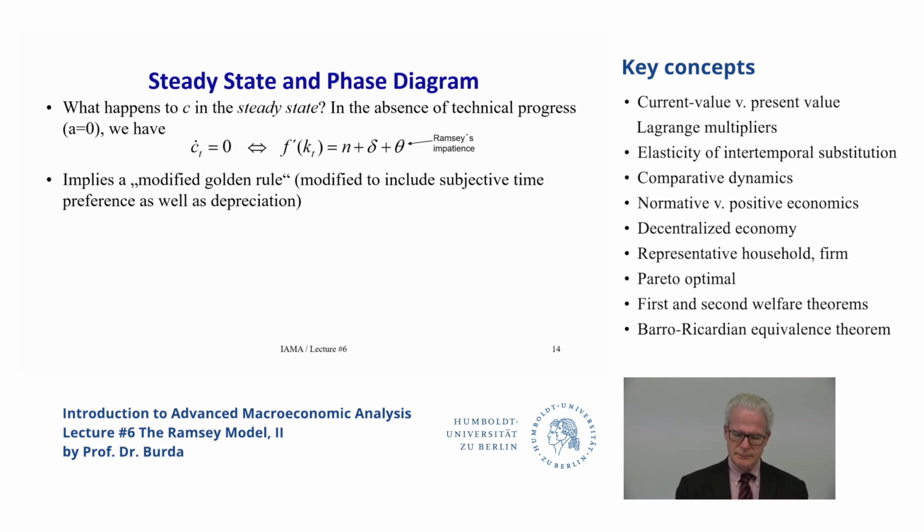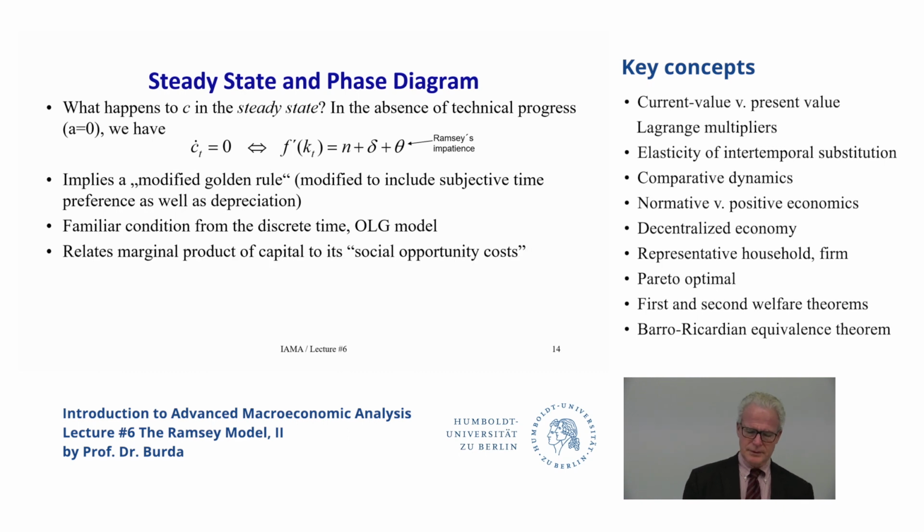But independently of that discussion, you can see that this is different from the Phelps golden rule discussion, because Phelps didn't have a discount factor. He was just maximizing consumption per capita, and that would be like setting Ramsey's impatience equal to 0 in a world where there's no technical progress.